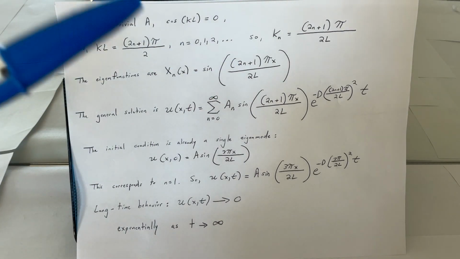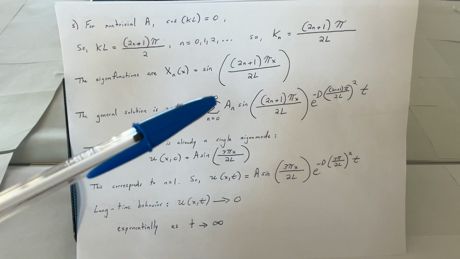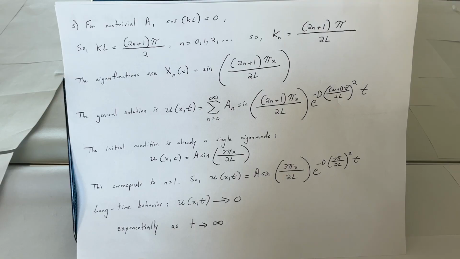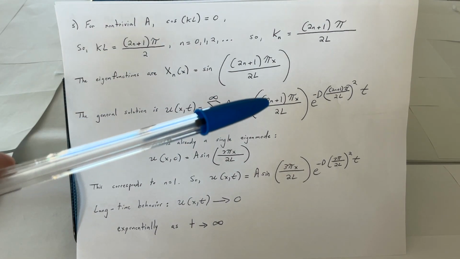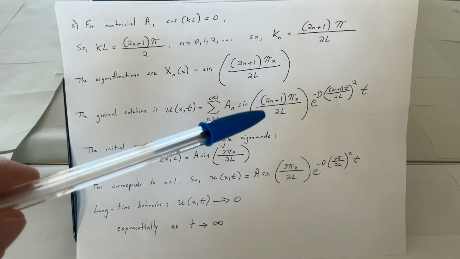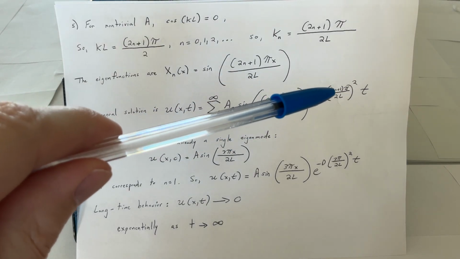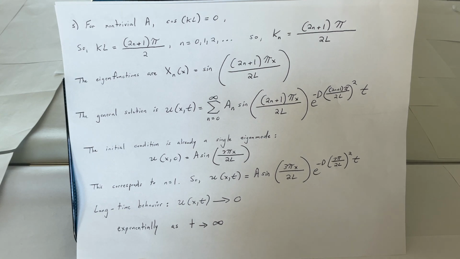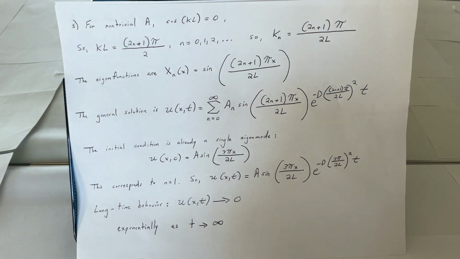The general solution is u(x,t) equals the sum from n = 0 to infinity of A_n sin((2n+1)πx/2L) times e to the negative D times ((2n+1)π/2L) squared times t.